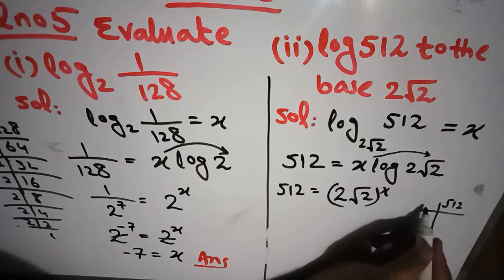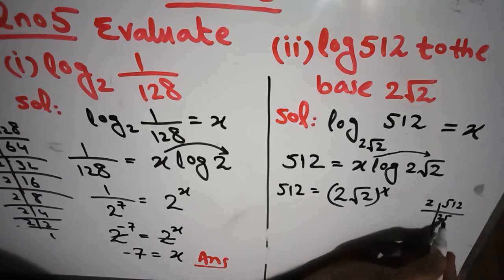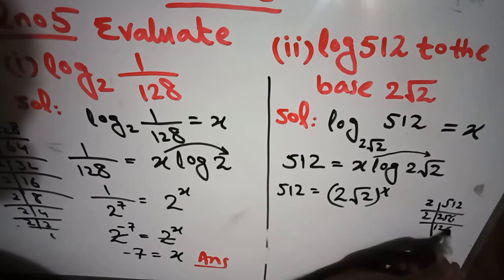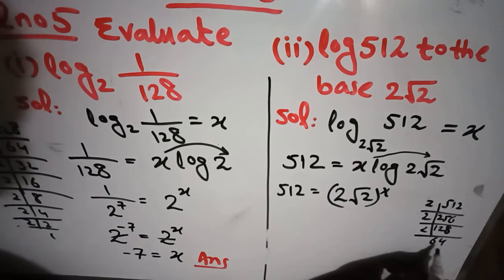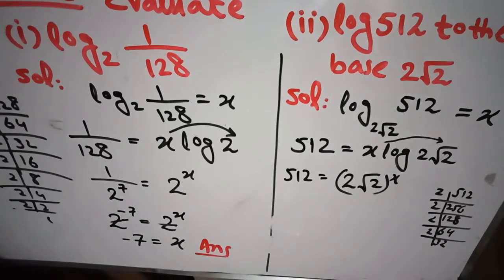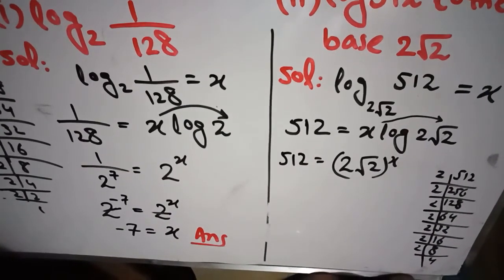So 2 2s are 4, 2 5s are 10, 2 1s are 2, 2 2s are 4, and 2 8s are 16, 2 4s are simply 2 32s are, and you can write it 2 16, 2 8, 2 4, simply you can write it 2 2 and 2 1.